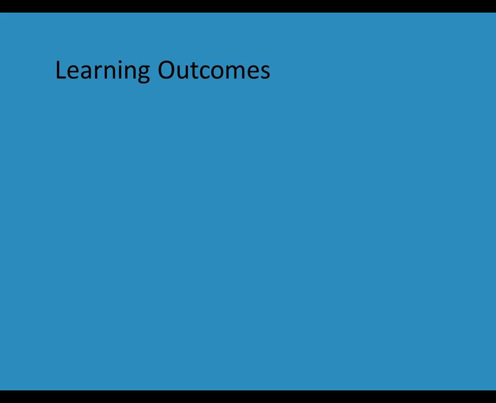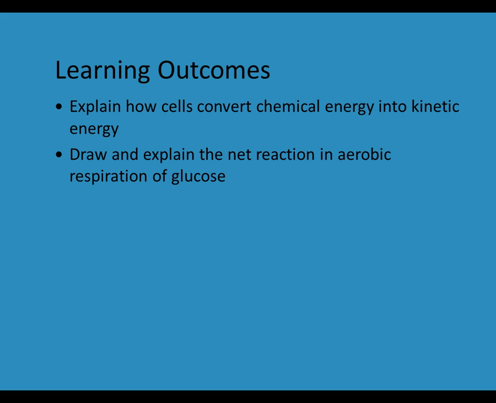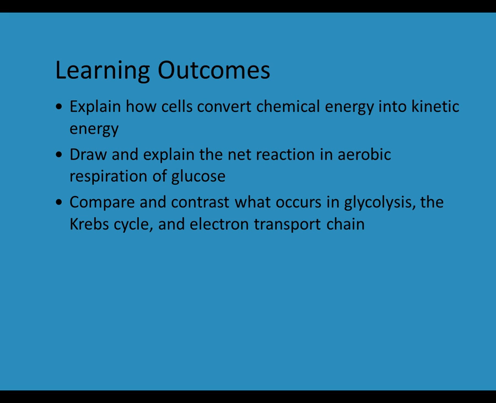The chapter objectives will be shown on your handout when you go into detail and check it out. We're going to talk about converting chemical energy like glucose into what's called kinetic energy. We're going to talk about the overall reaction in aerobic respiration, which should look familiar. It'll look like the reverse of photosynthesis. We're going to talk about 3 important, but not all, of the metabolic pathways.